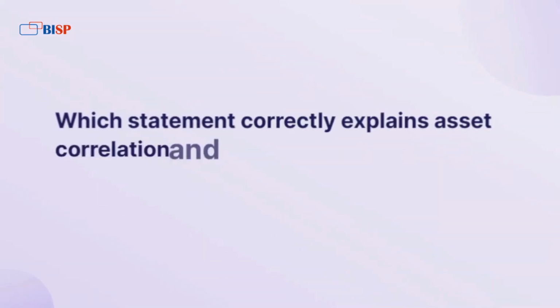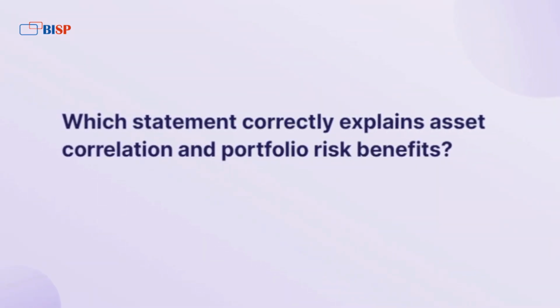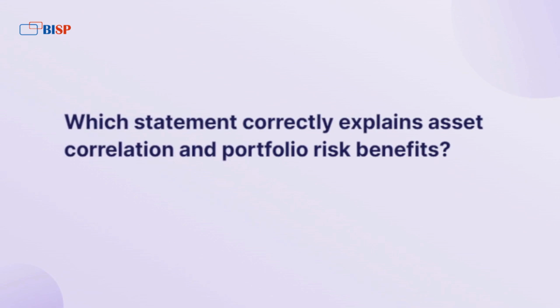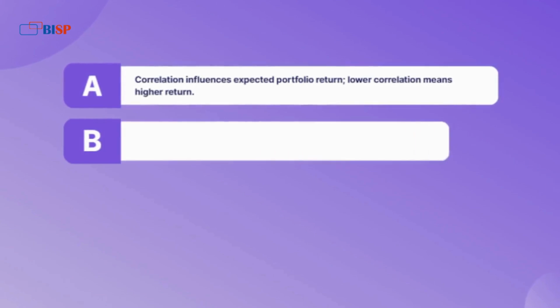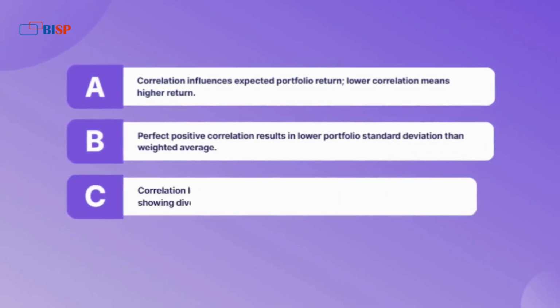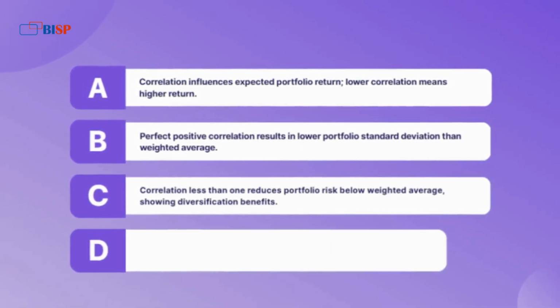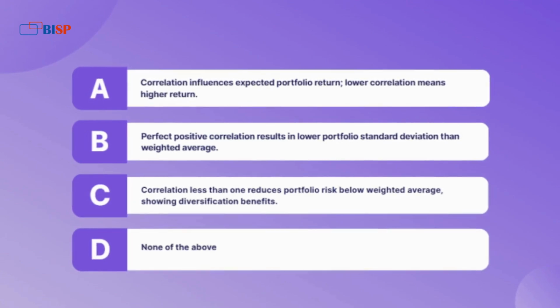Which statement correctly explains asset correlation and portfolio risk benefits? A. Correlation influences expected portfolio return. Lower correlation means higher return. B. Perfect positive correlation results in lower portfolio standard deviation than weighted average.